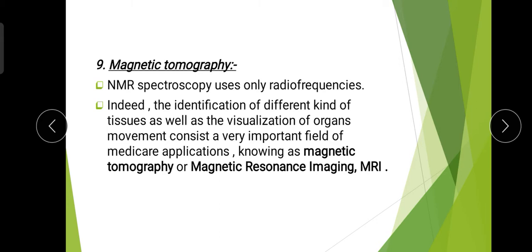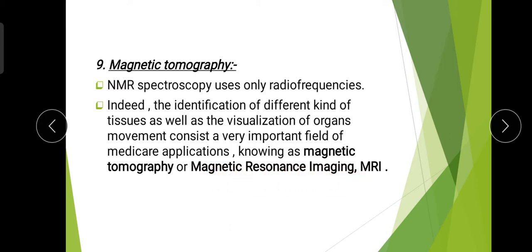That means in terms of medical application, NMR spectroscopy is used for the identification of different kinds of tissues as well as the visualization of organ movements, and this technique is known as magnetic tomography, or also magnetic resonance imaging, that is MRI.